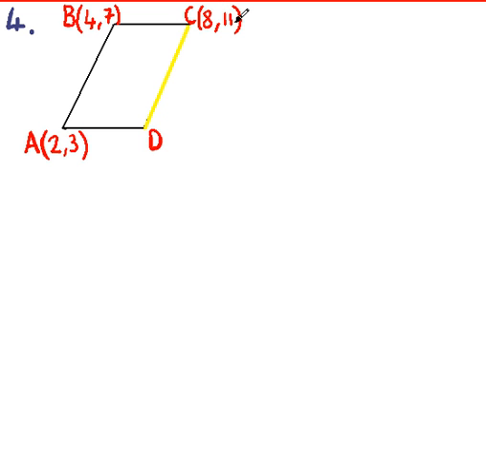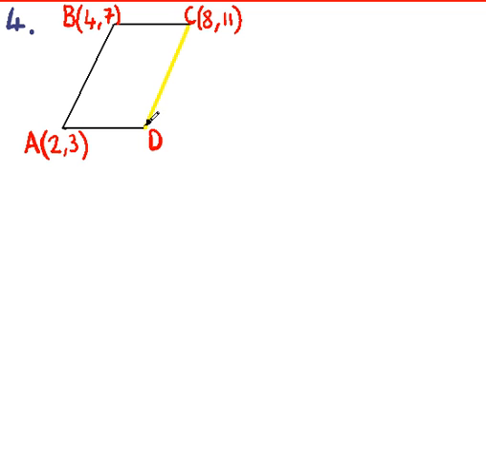We have the point C, but we don't know the gradient of the yellow line. It's not simple to figure out because we only have the one point on the line, so we can't use the usual gradient formula.